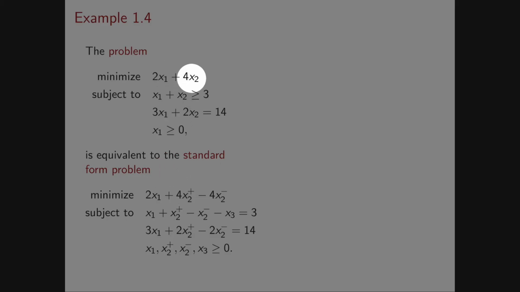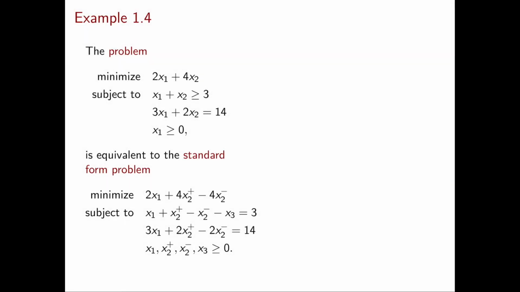Then, if you want to obtain the optimal variable x2 of the original problem, everything you have to do is look at the optimal x2 plus and x2 minus and compute x2 plus minus x2 minus, because that's exactly what represents x2 in the original problem, and in this way you can obtain your optimal solution to the original problem.